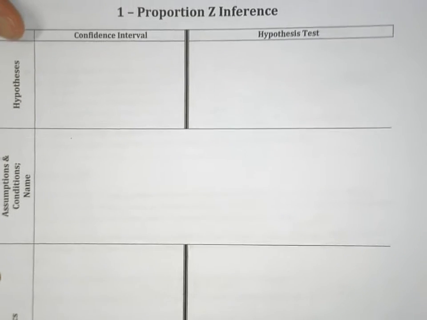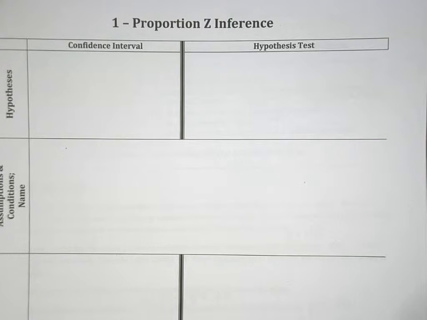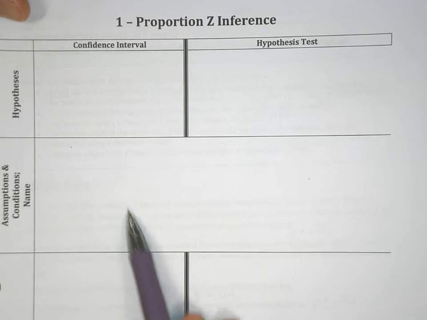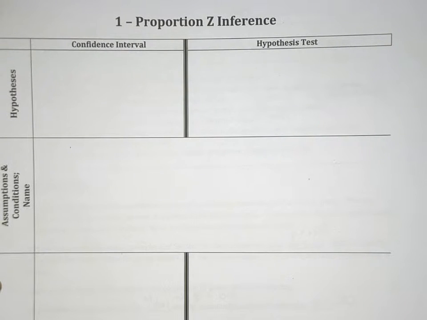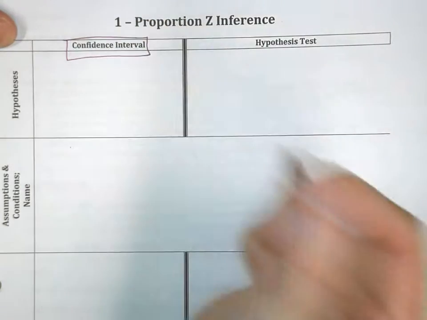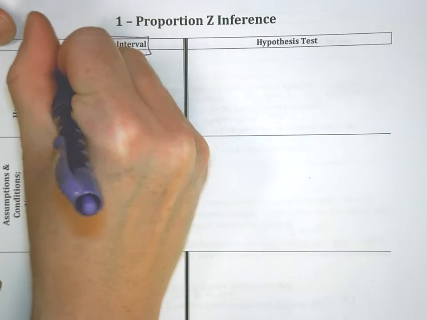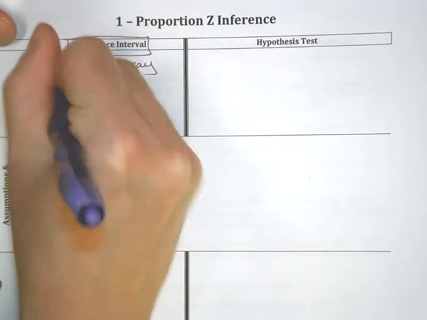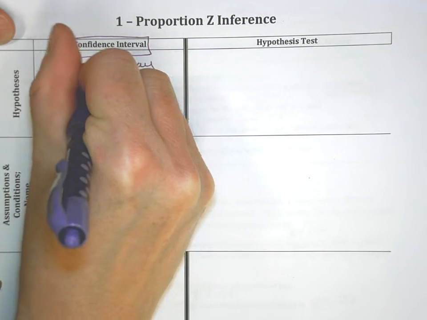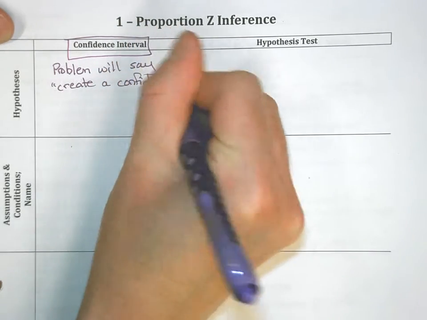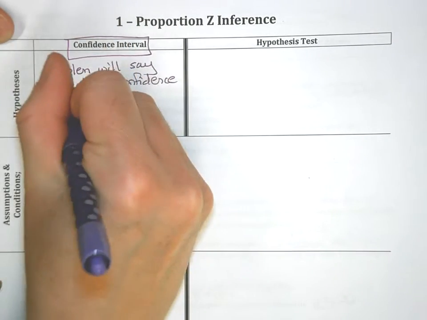If you look at this blank side here, in class I provided the answer key to this. It's just an outline for you to follow a procedure, pretty much, as far as what to do for the confidence interval and the hypothesis test. If it's a confidence interval, they usually will tell you to create. So the problem will say, create a confidence interval, or with 95% confidence, what would the interval be?